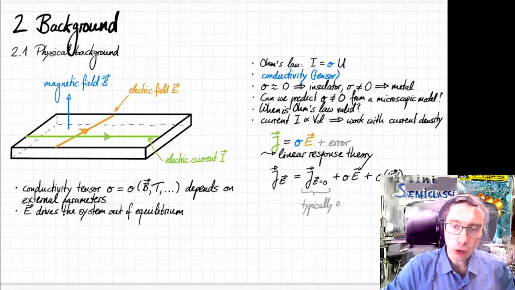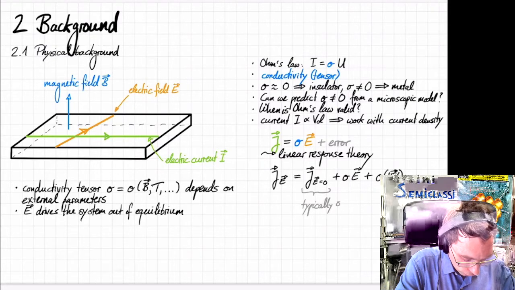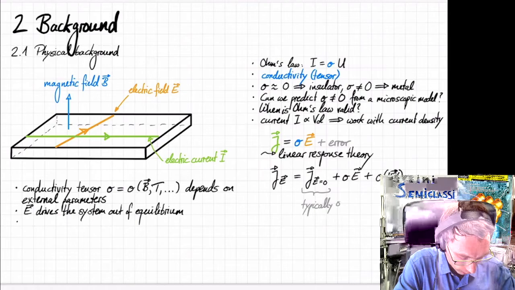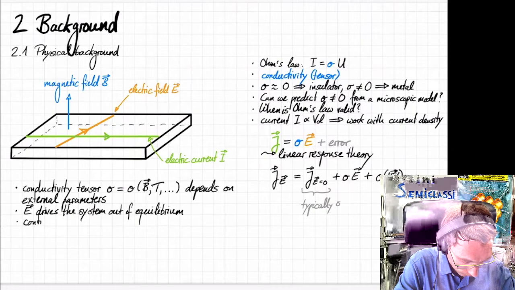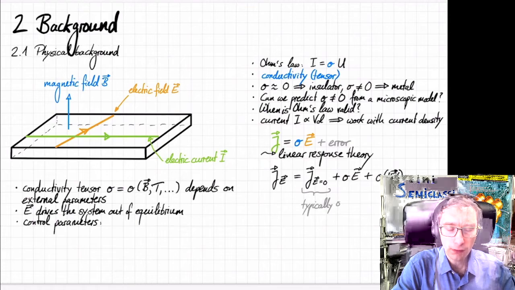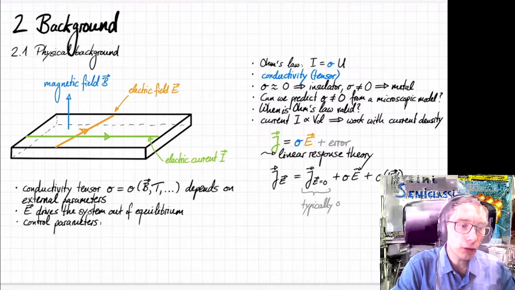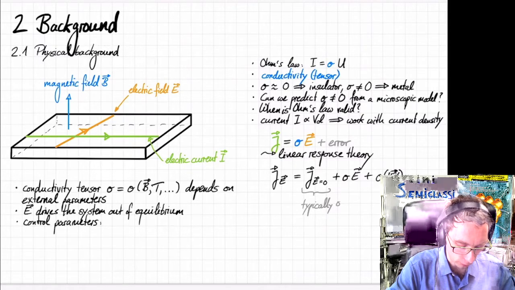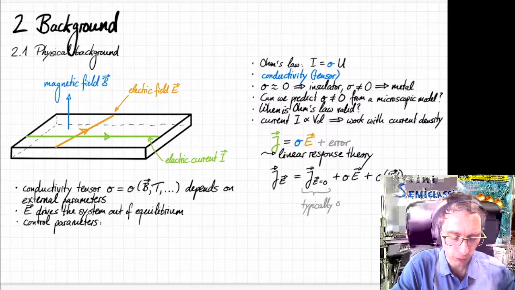And in contrast, the control parameters' purpose is to either change the state and or the material properties of the solid that we're describing.